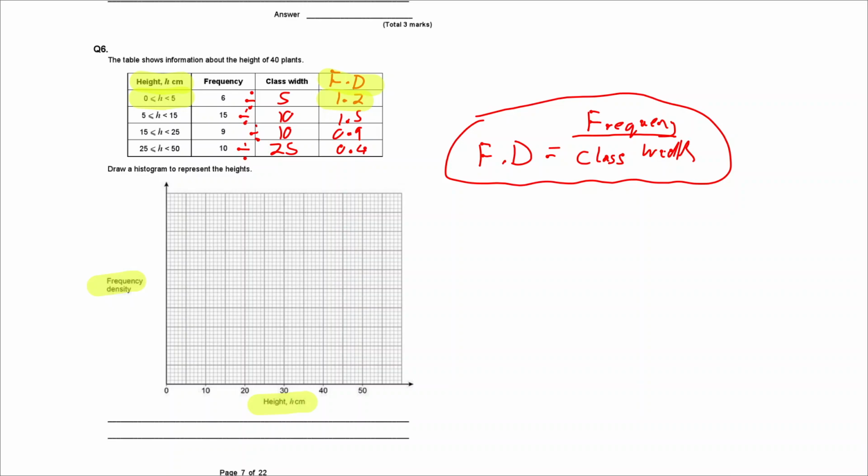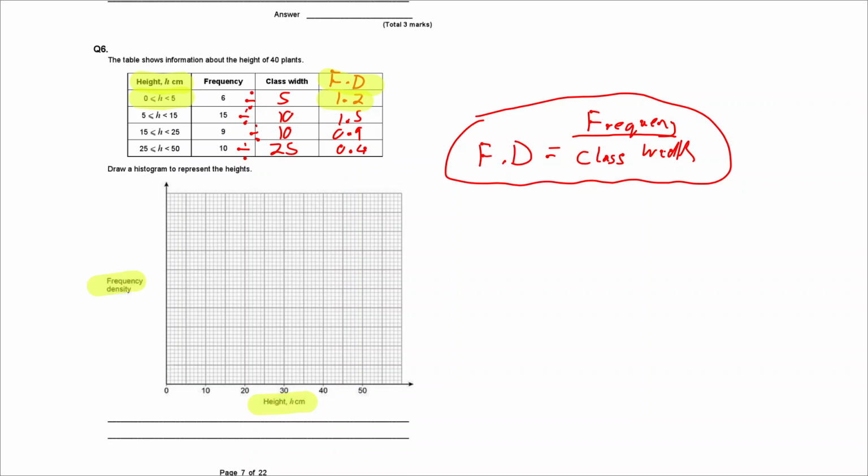The smallest value is 0.4 and the biggest value is 1.2, and you can choose the scale. Let's go for 0.2, 0.4, 0.6, 0.8, 1, 1.2, 1.4. Let's go for every block up here being worth 0.2.